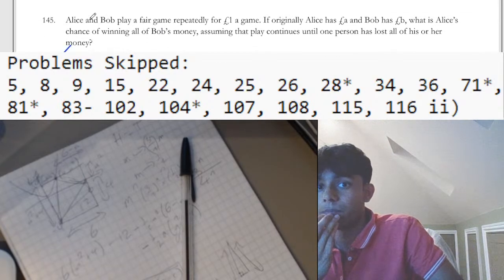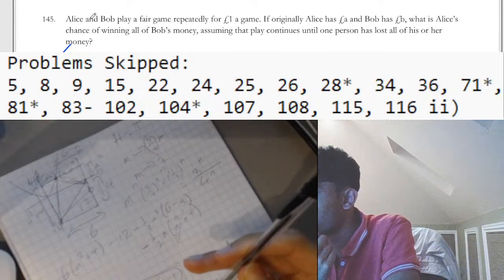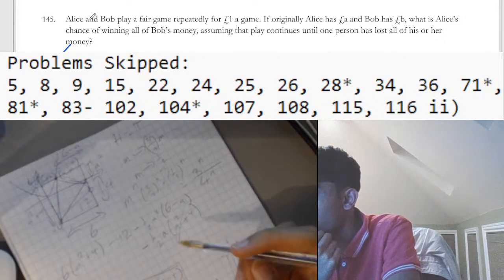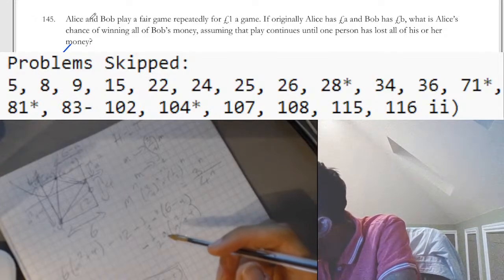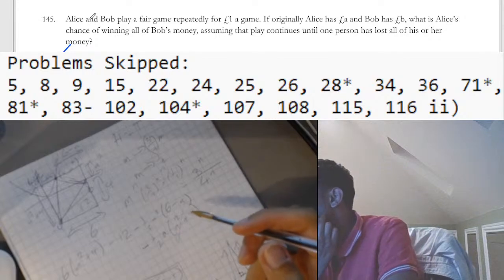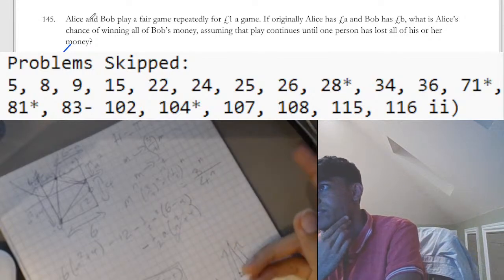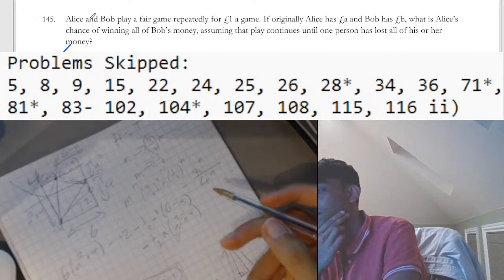Okay, 145. Alice and Bob play a game, £1 a game. Okay, I'm guessing it's the same thing. So if the winner gets £2, the loser loses £1.